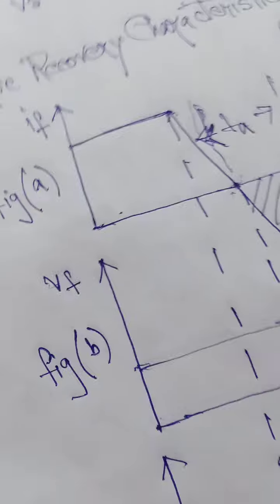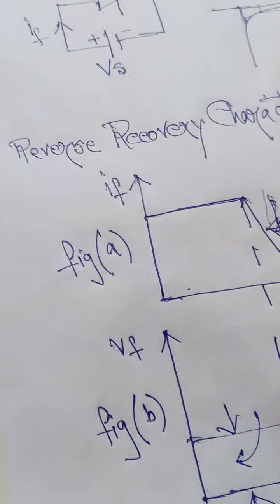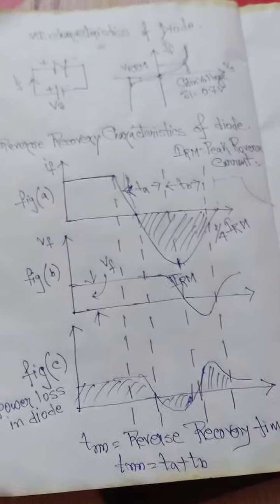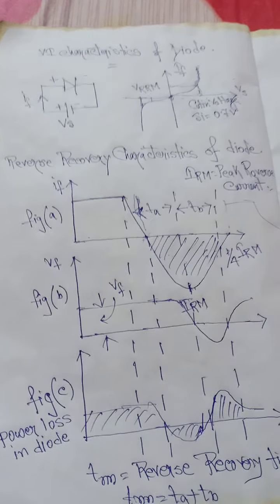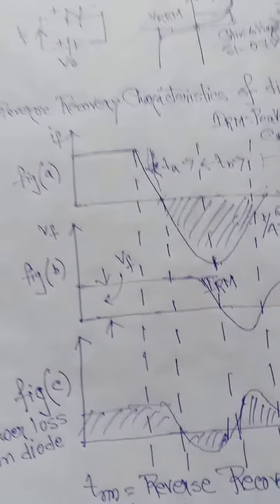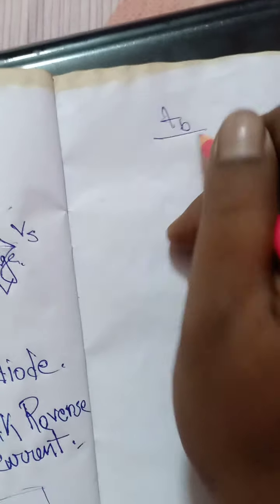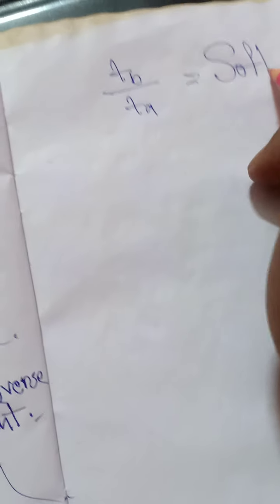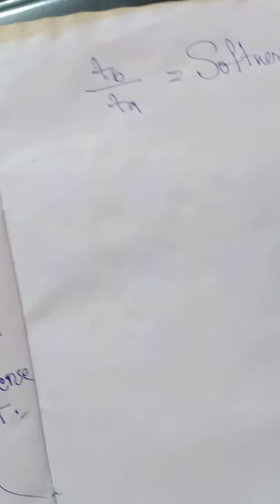So that is the actual VF. So this one you can understand. See, that is the reverse recovery characteristic of the diode. And the last one is called TB by TA. This is called the softness factor.